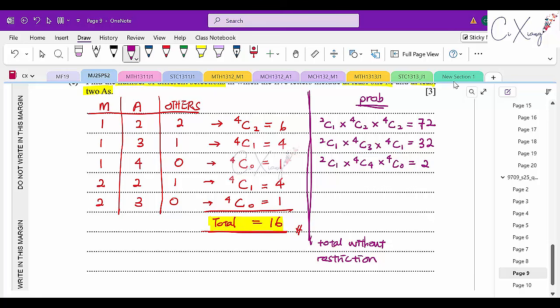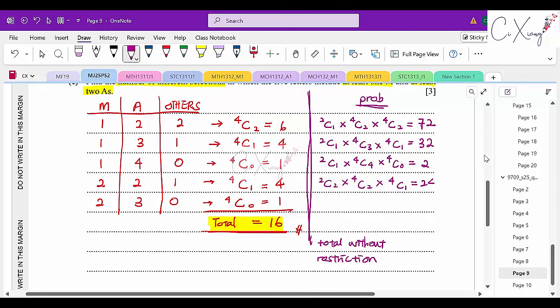Then the next one is 2c2 multiply with 4c2 multiply with 4c1, so 24.